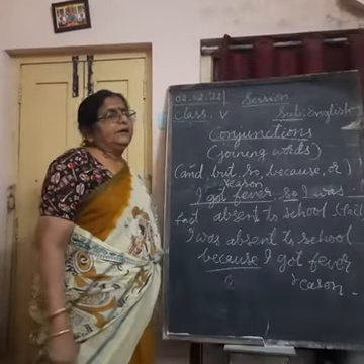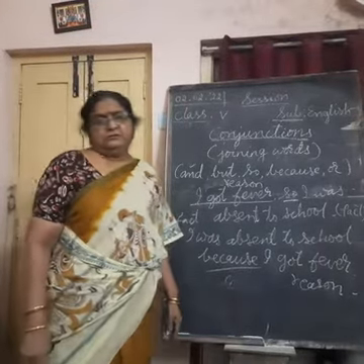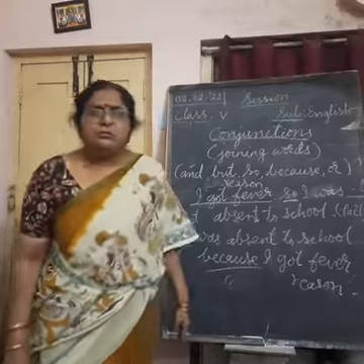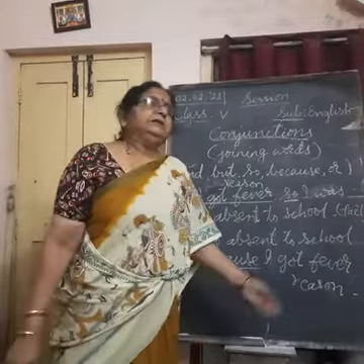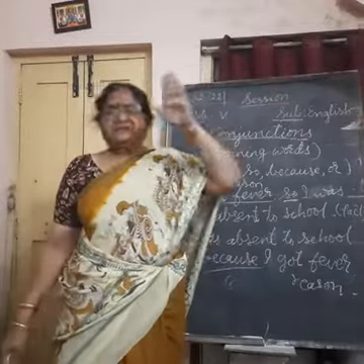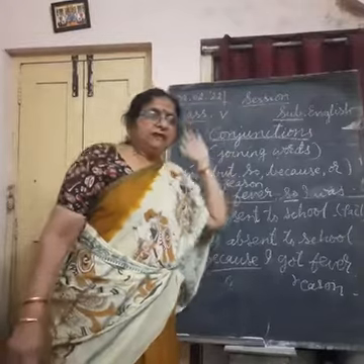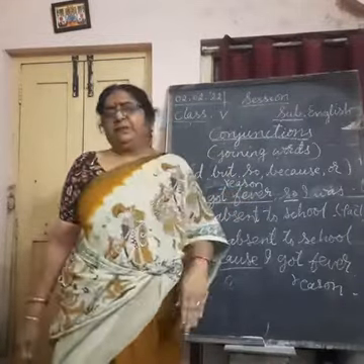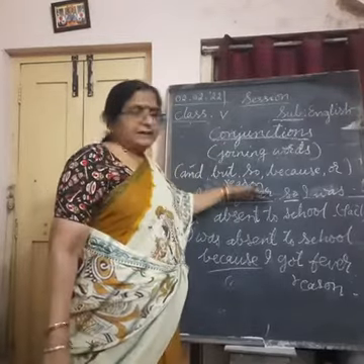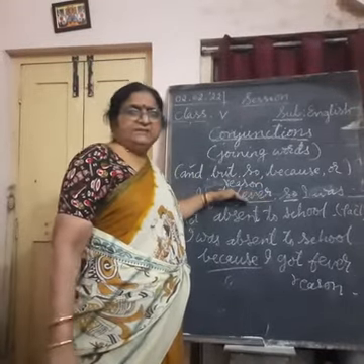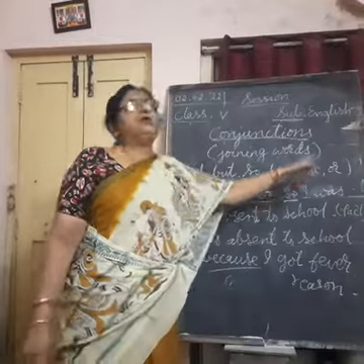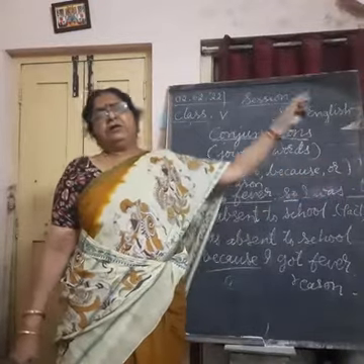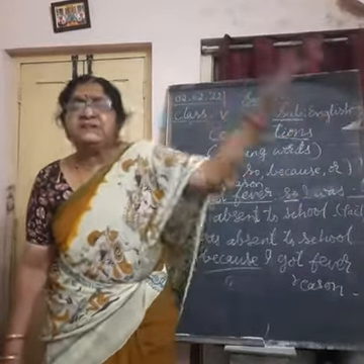Rani studied hard, so she got good marks. Rani got good marks is a fact, truth. Why she got? She studied hard. It is the reason. So, Rani studied hard is a reason, it came first. So she got good marks. She got good marks is a fact, it comes second place.